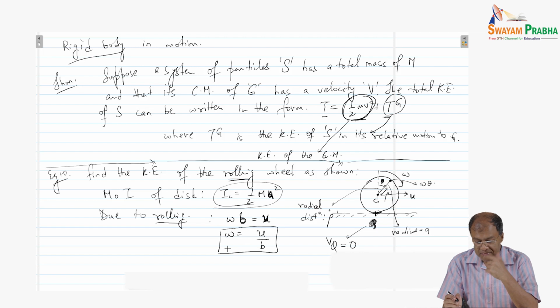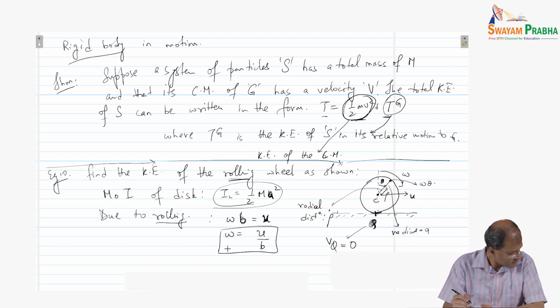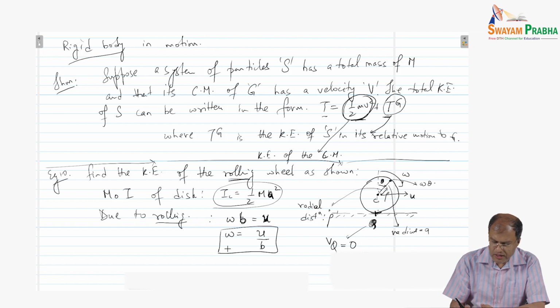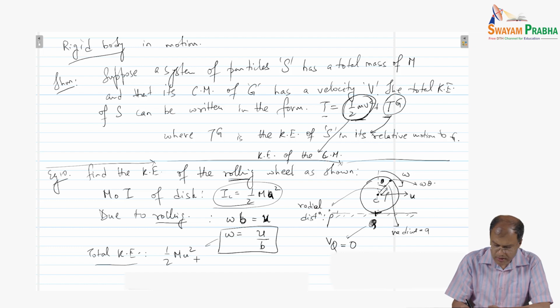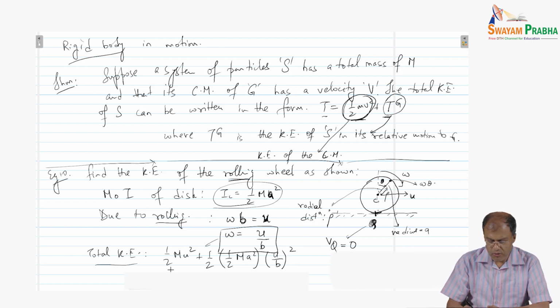So that is what we have, right? We can use all this information to write the total kinetic energy of the wheel. This is half mu square plus half the moment of inertia of the disk, ma square, times u over b whole square, right?